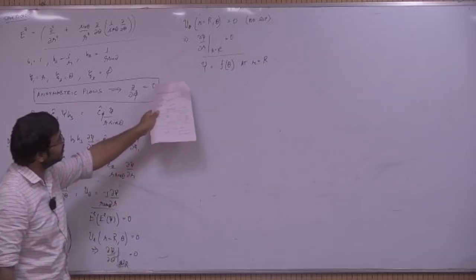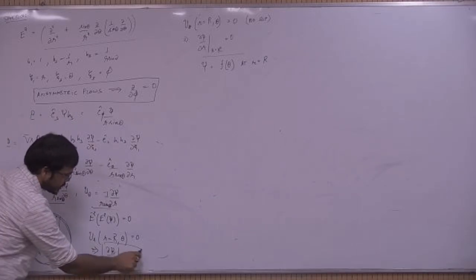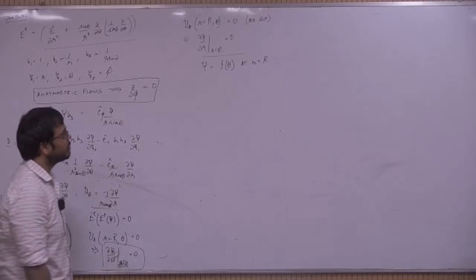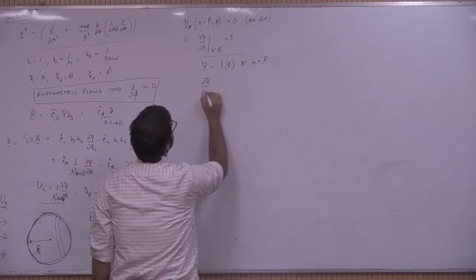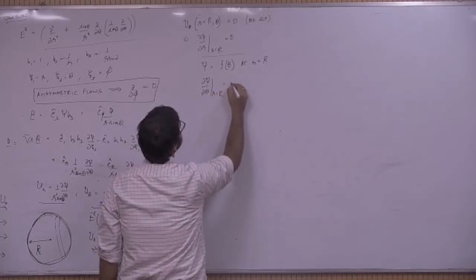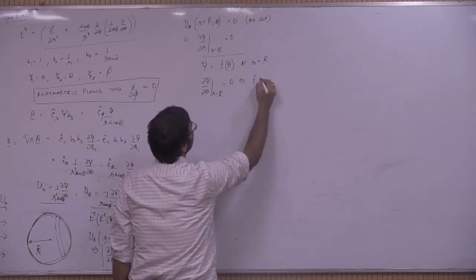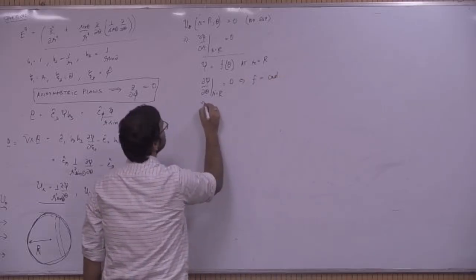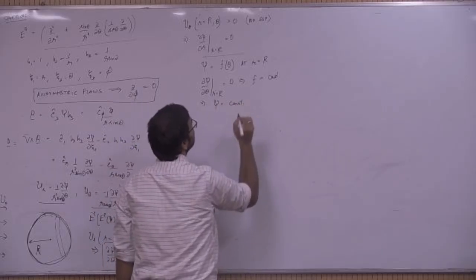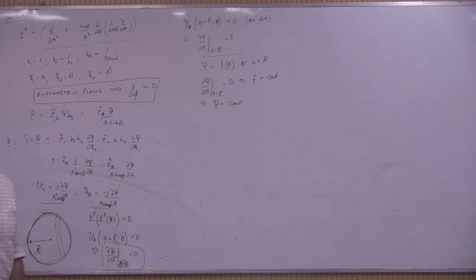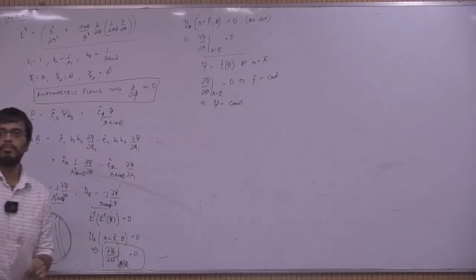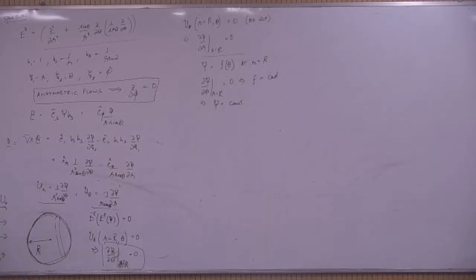And what can we say about this f of theta? We know that the derivative of psi at this is 0, which means f is constant, which means psi is constant at r equals capital R. Now, does this value of the constant matter to the kinematics of the flow?